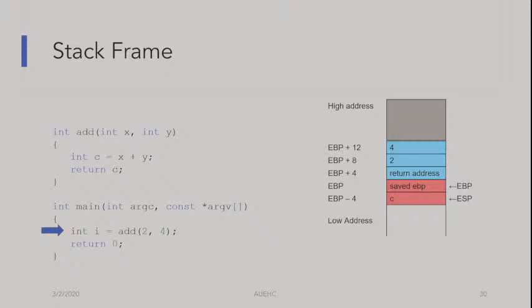And then we push C, which you can see is the first variable within that, at EBP minus 4, right? Because how many bytes is an integer within a 32-bit architecture? Within C, 4 bytes, right. That's why it's EBP minus 4.